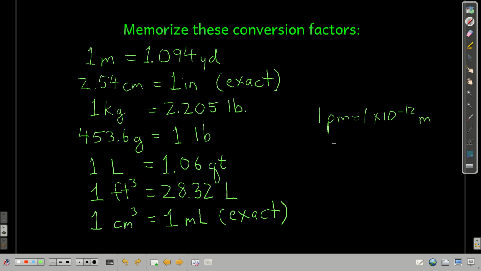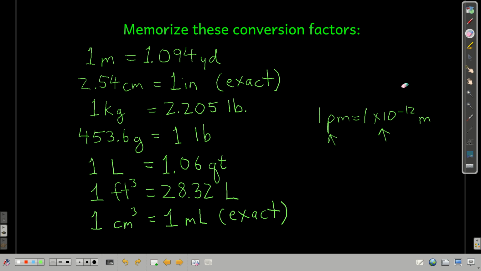How do you know that? Well, you know that the prefix pico means times 10 to the minus 12th, and all we do is take that prefix and replace it with what it means, keeping everything else there, the 1 and the m. That's a conversion factor that says that 1 picometer is equal to 1 times 10 to the minus 12 meters.